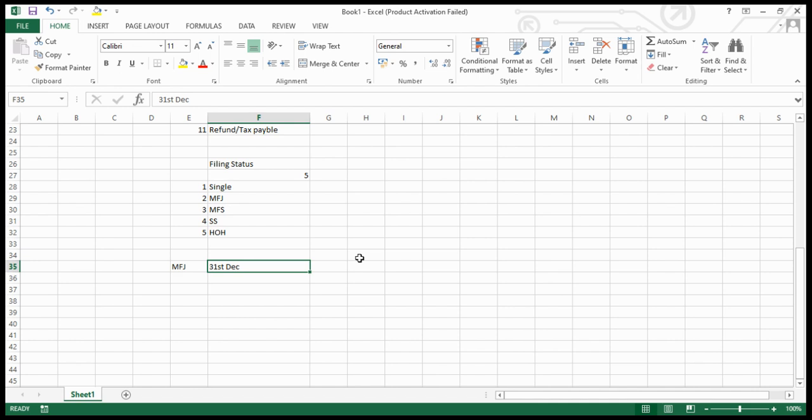So for that tax year, 31st December, that means the end of the tax year, the marital status on that date defines the MFJ status for the calculation. If a person got married on 31st December, what filing status does he have to take? MFJ. Even for one particular day, he is eligible for the MFJ condition. This is very simple. You have to remember 31st December to identify the marital status.